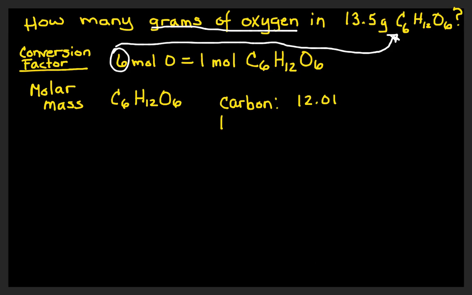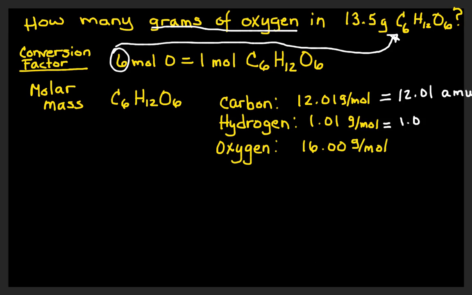I also know that there's a relationship between the molar mass and the atomic mass. If I know the atomic mass, I also know the molar mass, and the units are going to be grams per mole. So the molar mass for carbon is 12.01 grams per mole, hydrogen is 1.01 grams per mole, and oxygen will be 16 grams per mole.